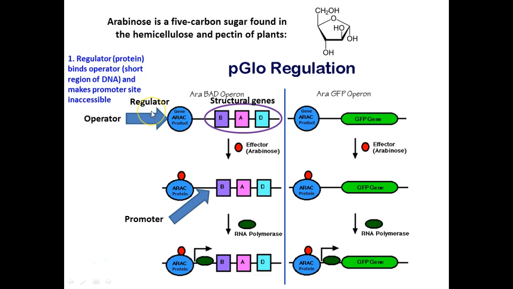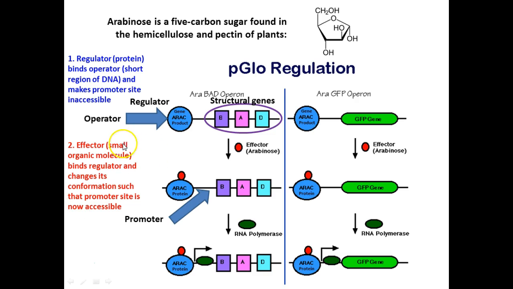Remember, one of the constitutively expressed genes is for a protein. That protein product binds here at the regulator. It is the repressor, so it makes the promoter site inaccessible. When the effector, the very small arabinose sugar, binds to that protein, it stops that protein from blocking the promoter site.